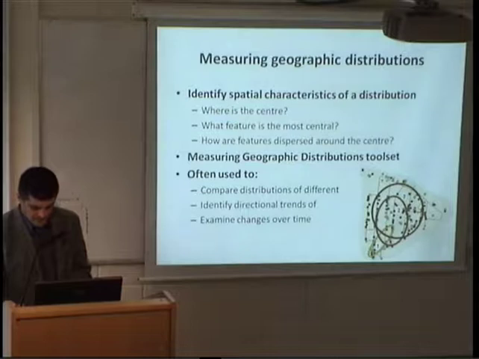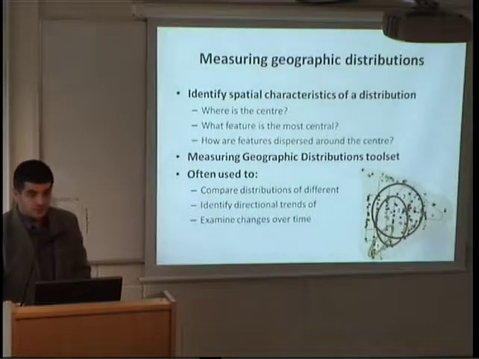For example, in the map provided in this slide, you can see the cases of dengue fever for a village in India. We wanted to know how the distribution of the disease changed during the first 3 weeks after the outbreak. Using the standard distance tool from a GIS package, we can get 3 different circles representing the distribution of the cases during these 3 weeks.